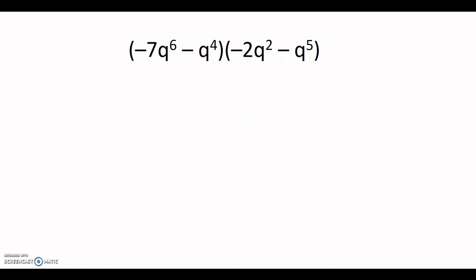So we have binomial by binomial. So let's apply the FOIL method. FOIL, for us to remember the method. So F for first. This is the first term in the first binomial, and this is the first term in the other binomial.